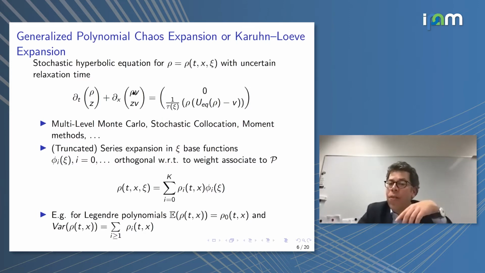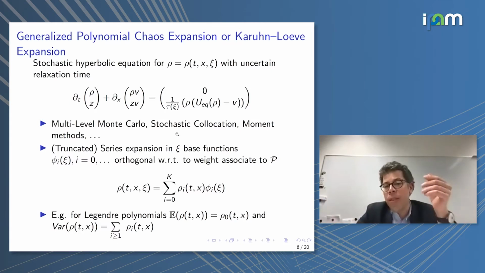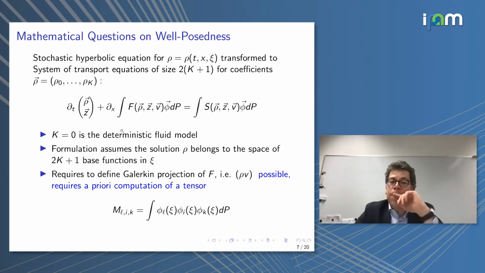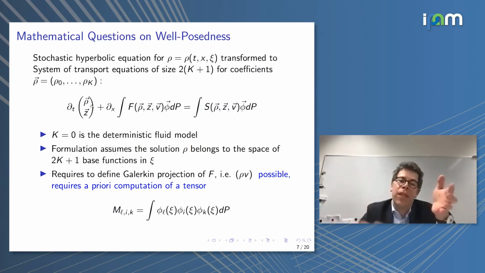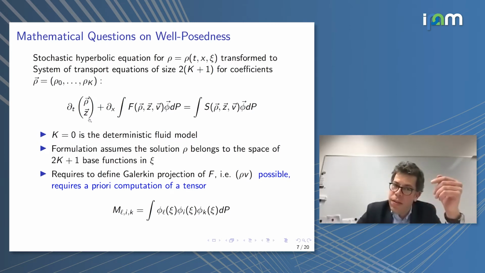Of course, due to the nonlinearity here, those equations will be coupled. And this is not the only problem, but this generates now a mathematical question. What about the properties of the system which these coefficients fulfill? And so here is a formal system. I have put in the series expansion. I have tested in a Galerkin projection against some test function, against the functions phi. And so on the left, I get an evolution equation for the coefficients, and here I get the flux.